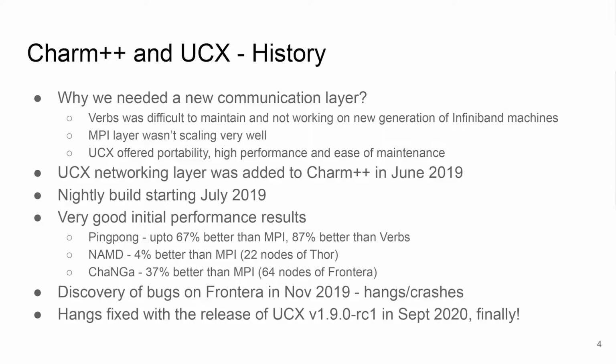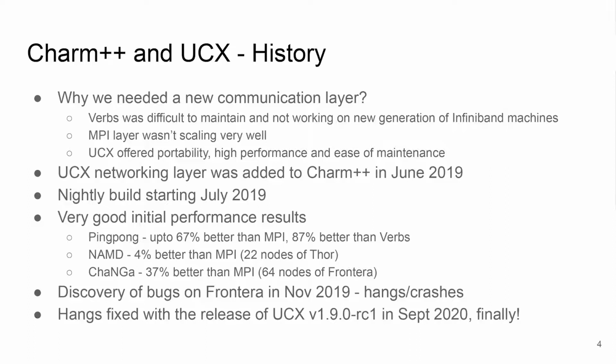However, in November 2019, I think it was during one of our BOF sessions, we saw that one of our application teams, a cosmological application called ENZO-P, was complaining about hangs and crashes that they were seeing on Frontera.